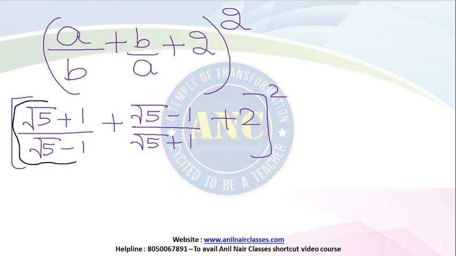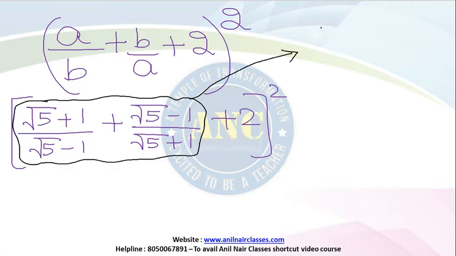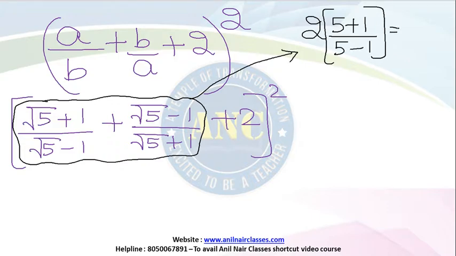This entire black color thing, what I am marking right now, this is x plus 1 by x. X plus 1 by x can be written as 2 times of, forget about the square roots, so it is (5 plus 1) divided by (5 minus 1). These are all things you should never forget from what we have done earlier.